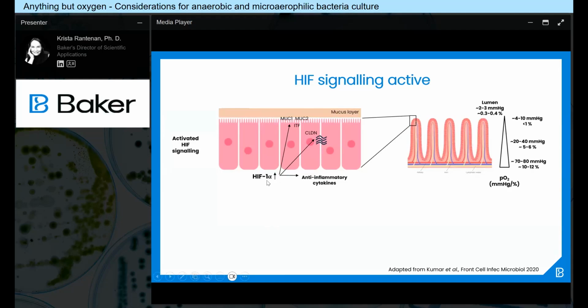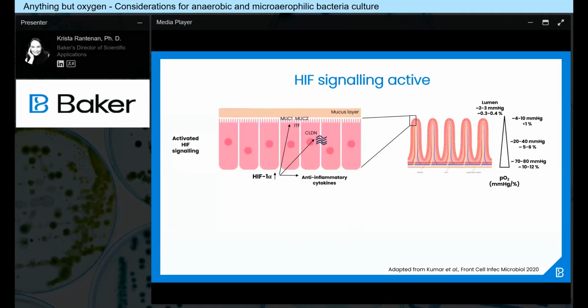So if we have HIF, which we do up here, where the oxygen is low, we have HIF activation, and it keeps the barrier safe, okay? So this barrier here is intact, and the lumen of the gut is protected and also separated from the outside. So the microbes inside actually stay inside.